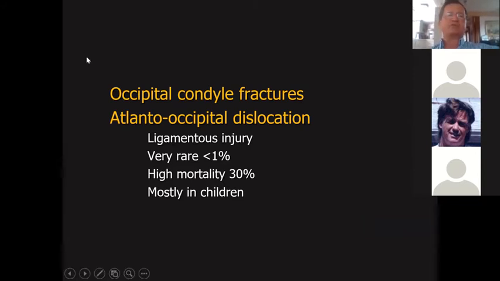I will not mention too much about the occipital condyle fractures and Atlanto-occipital dislocations because they are very, very rare, although some occipital condyle fractures can be seen more often in very high resolution CT scans.